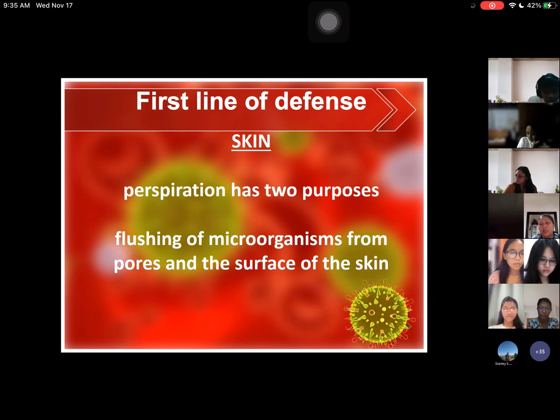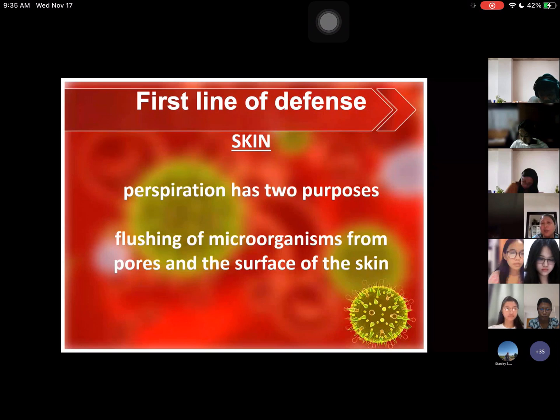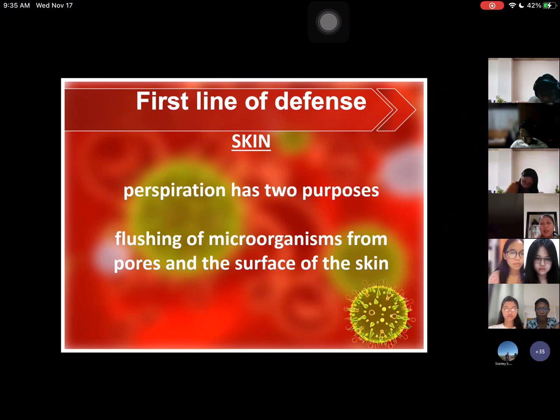Especially during summer, when you leave your sweat on for long, eventually you will experience itchiness or rashes, because you already have those microorganisms or germs on your skin.